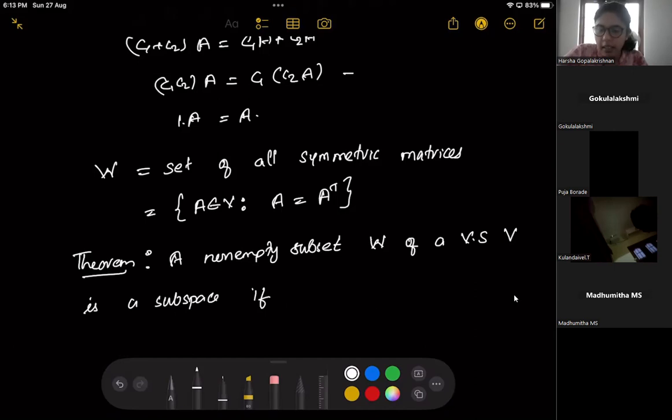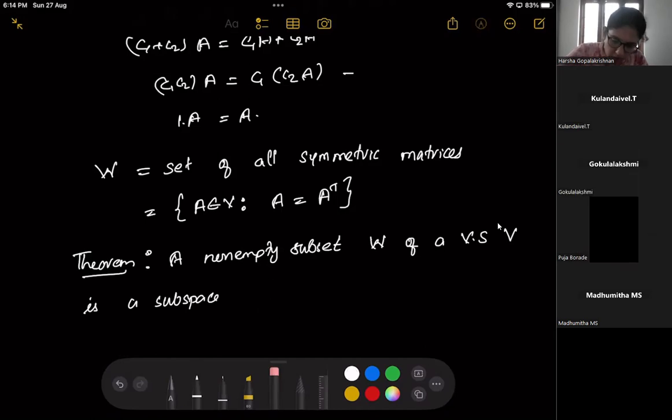What is the condition? Like a vector space V we are having and a non-empty subset W we are having, and this W is a subspace of V if, anyone knows?